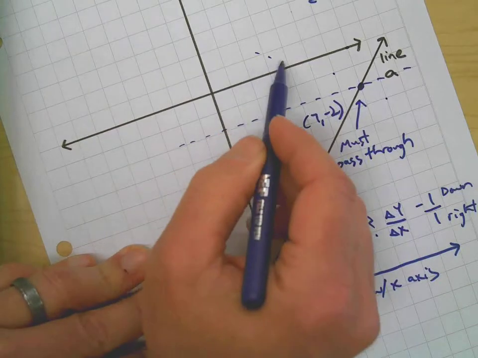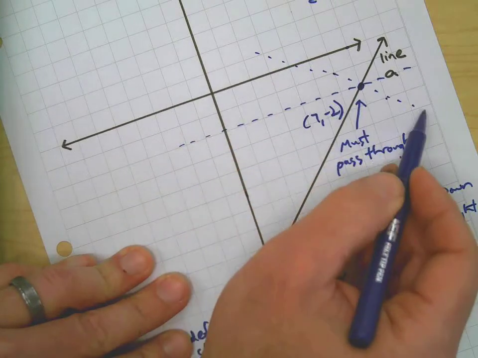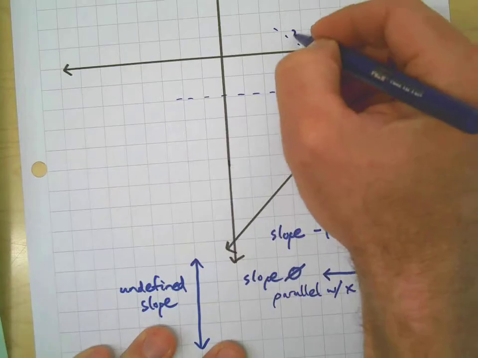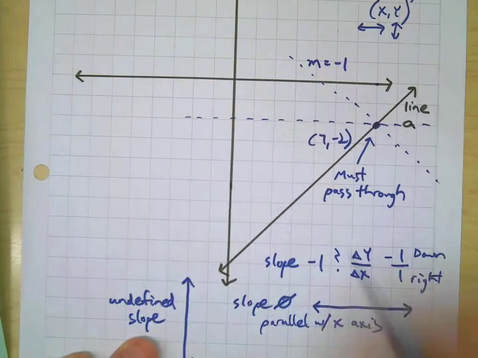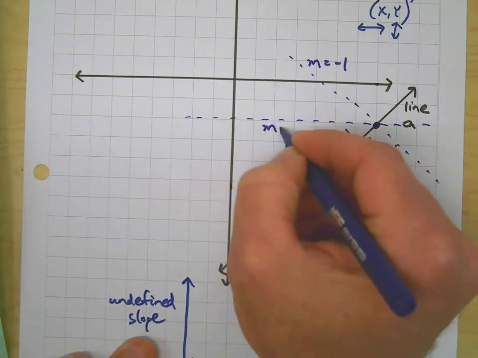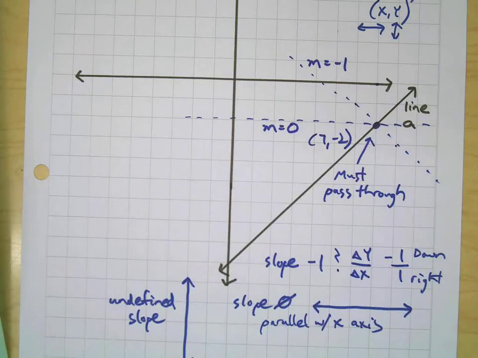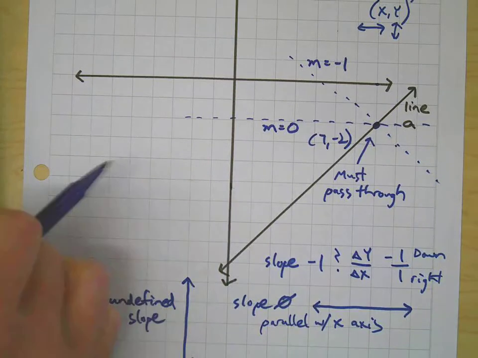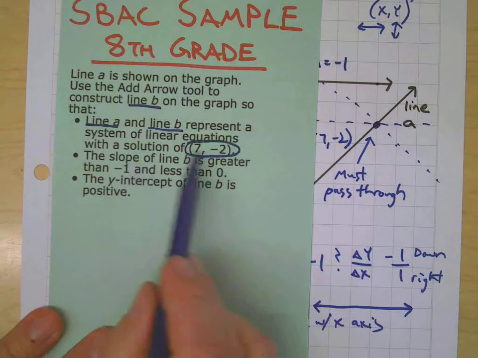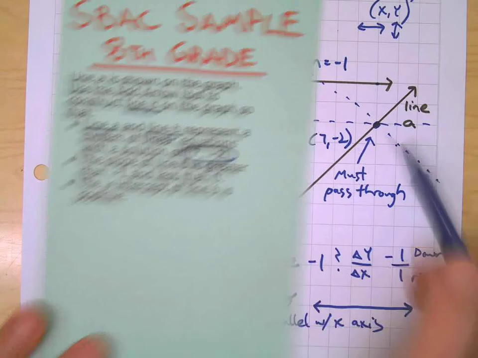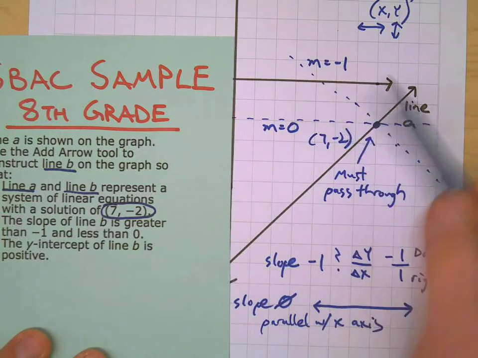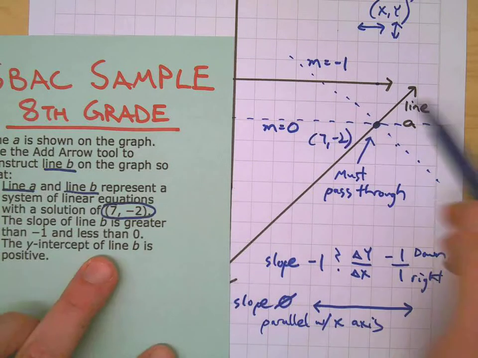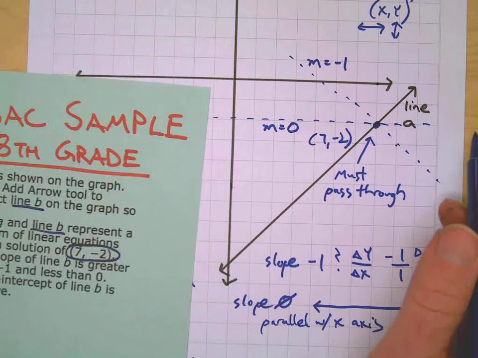That is our slope of -1. Here's our slope of 0. So the line B that we're going to draw needs to have a slope greater than -1 and less than 0.